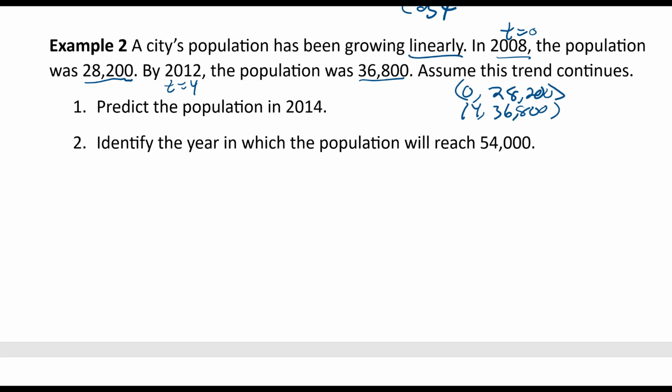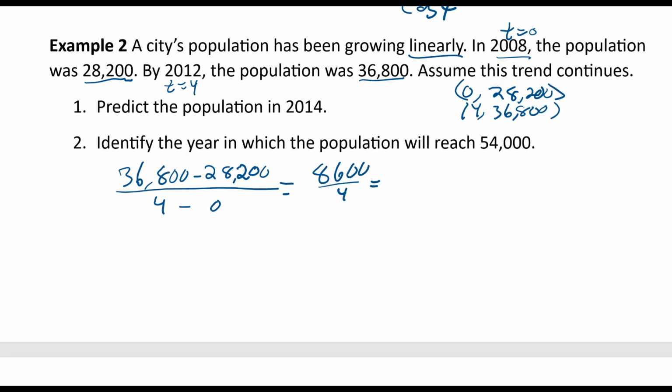So let's find the slope. 36,800 minus 28,200 over 4 minus 0 is going to be 8,600 divided by 4. So I get 2,150. So that's our slope. And we have a y-intercept. We defined a y-intercept, that was the best part.